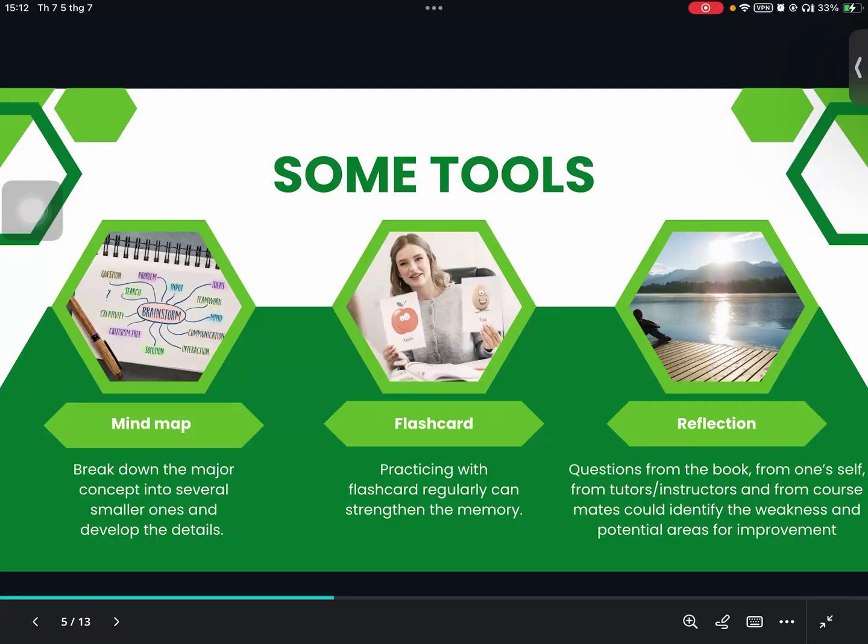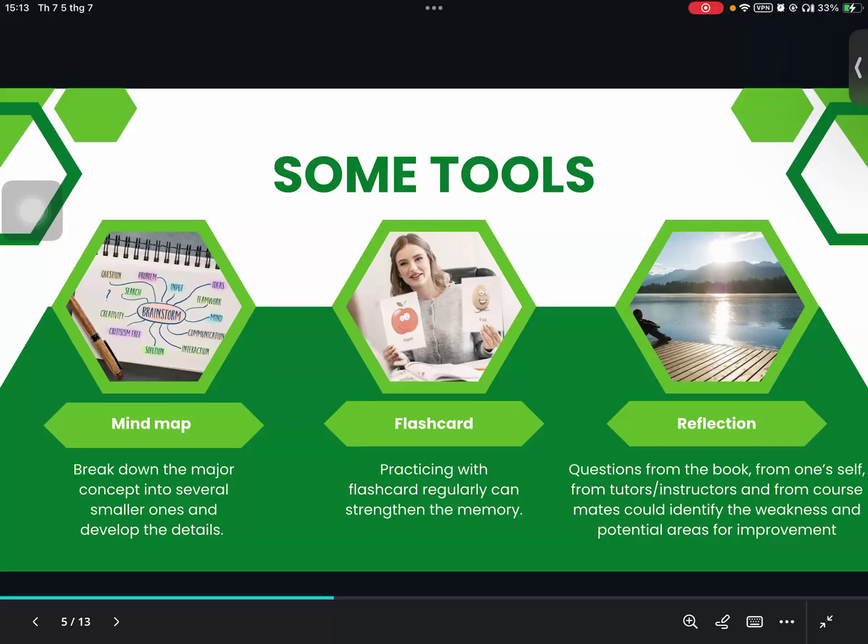So with spaced repetition, you can practice flashcards twice a week. Then you can fortify, you can strengthen your memory and make your memory about that subject matter even more persistent, and it may remain permanently in your brain.